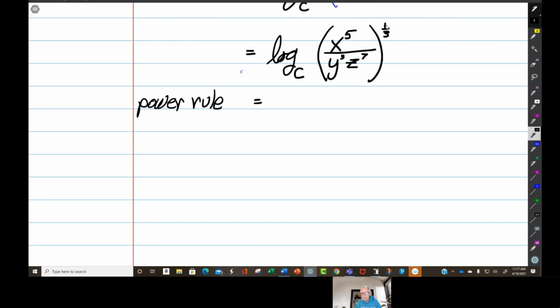But I'm just using the different rules. I'm going to move 1/3 down in front and I'm going to have 1/3 times log base c of x to the 5th over y to the 3rd z to the 7th.